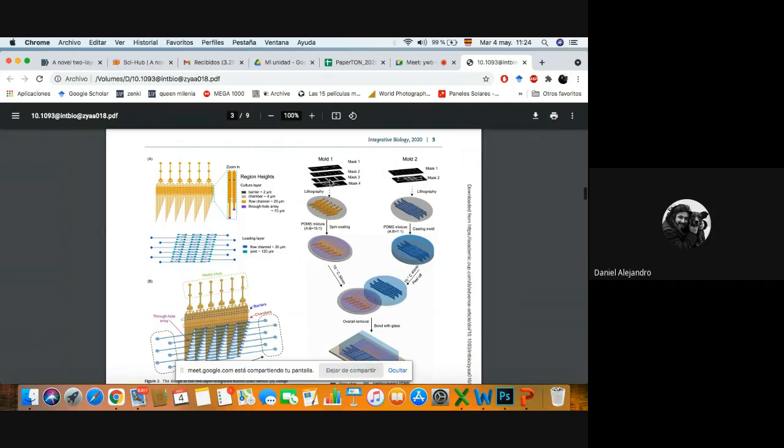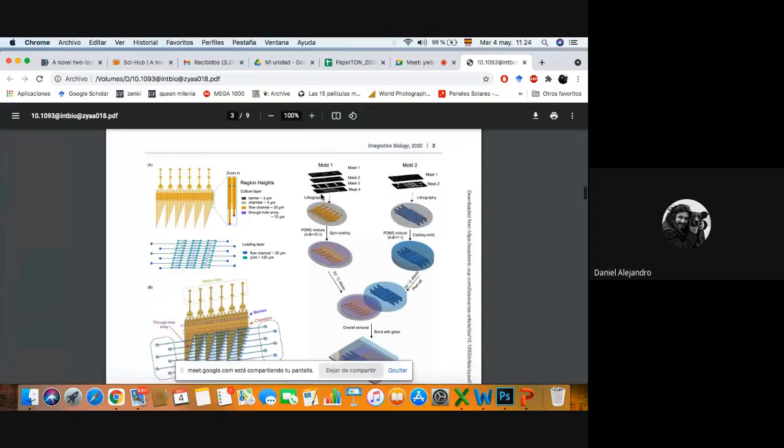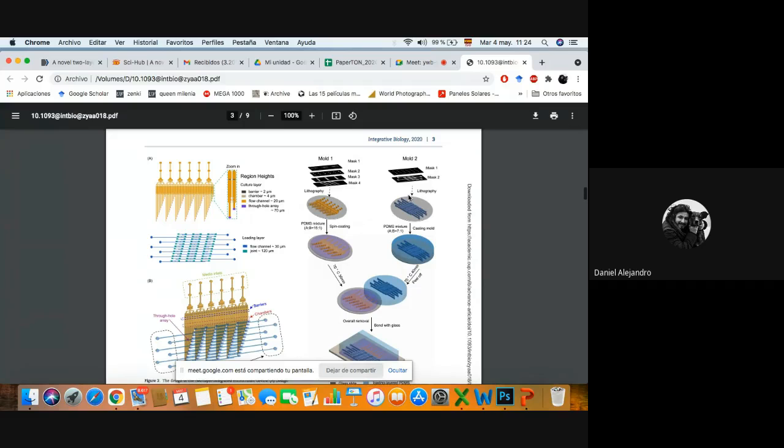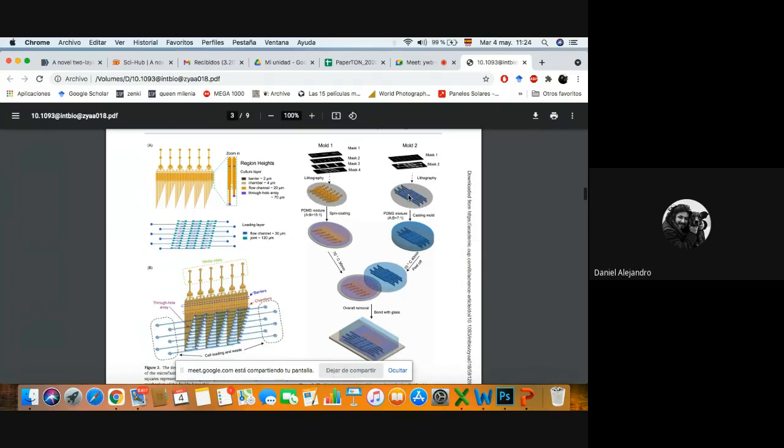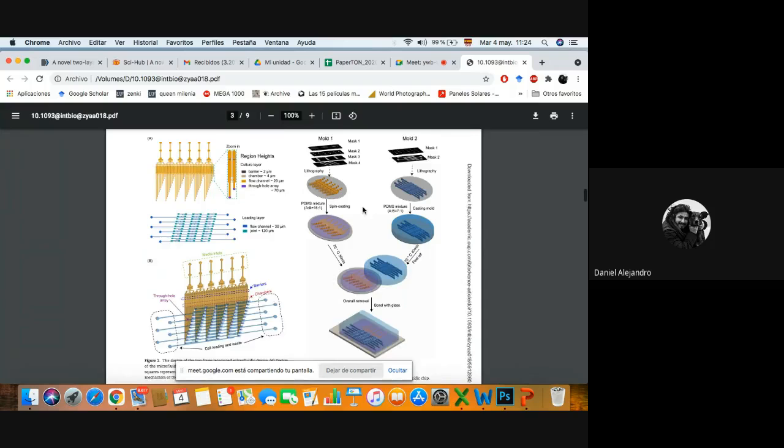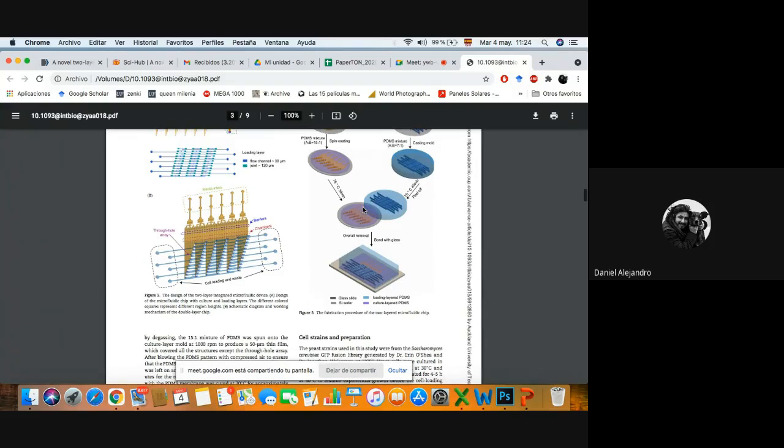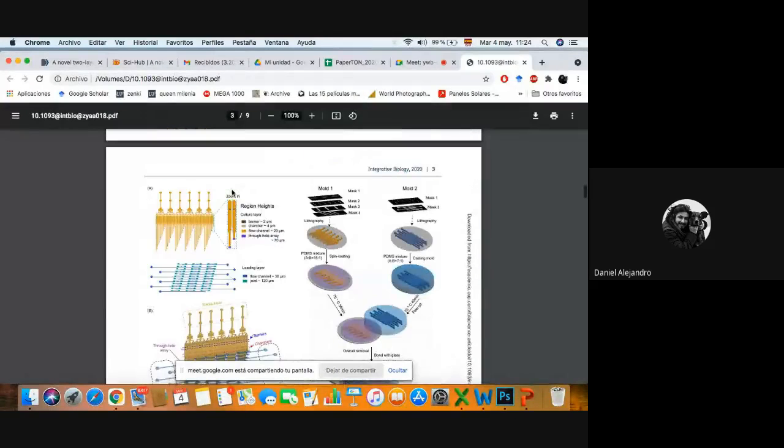They use 2 masks for the conditions plate, and 2 masks for the strain for the seed layer. The method is lithography, and here we have how they use them.